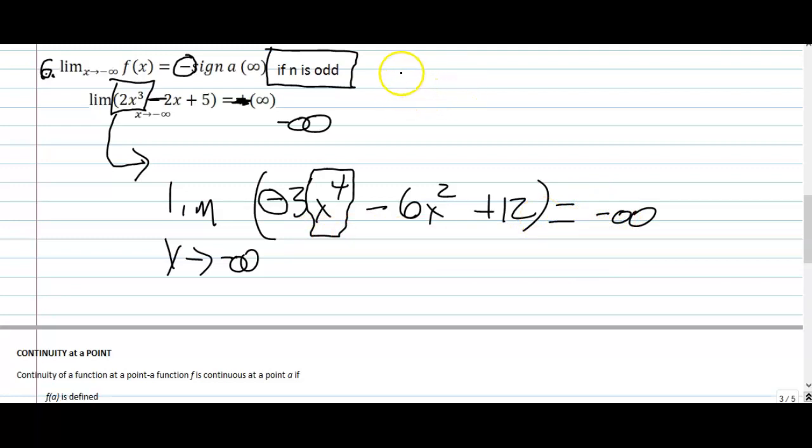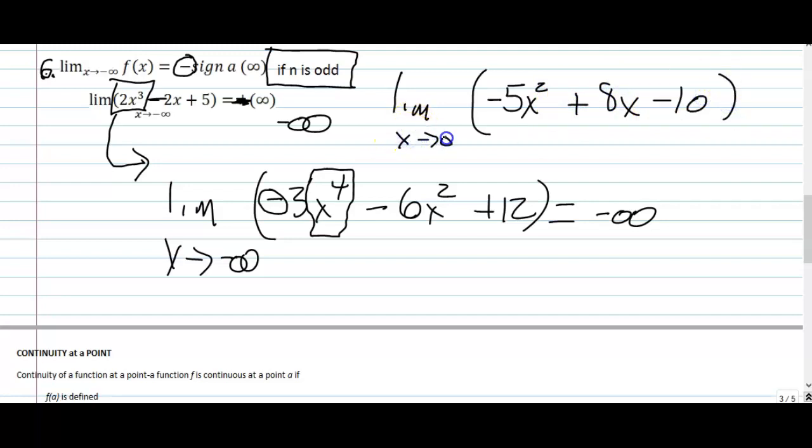If we look at another one, say the limit of minus 5x squared plus 8x minus 10 as x approaches positive infinity. Again, this is your leading term of your polynomial function, and it's pretty much going to dominate the value of this function.